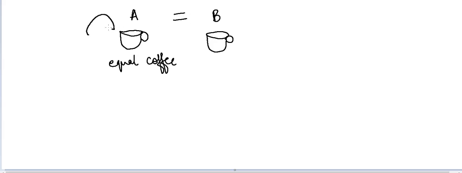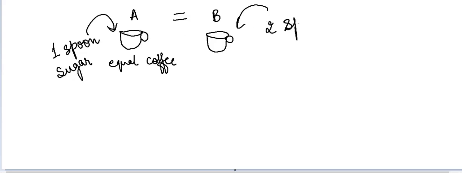Now I am adding some sugar. I add here 1 spoon of sugar. Here I add 2 spoons of sugar.